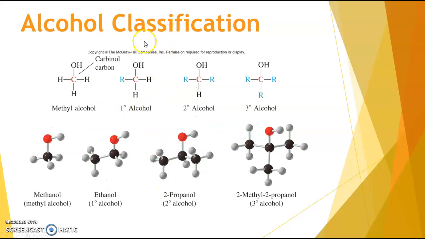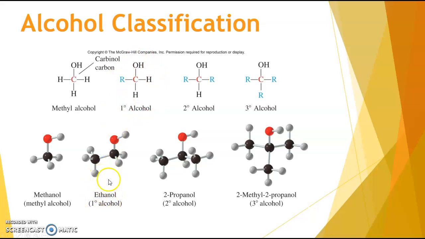Here we have our generic looking one where we don't have any idea what that R group might be. It could be a propyl group or an ethyl group, a longer carbon chain, but it's not a hydrogen in this case for sure. So here we have the generic form for a primary alcohol, and then the ball and stick model of a specific example.